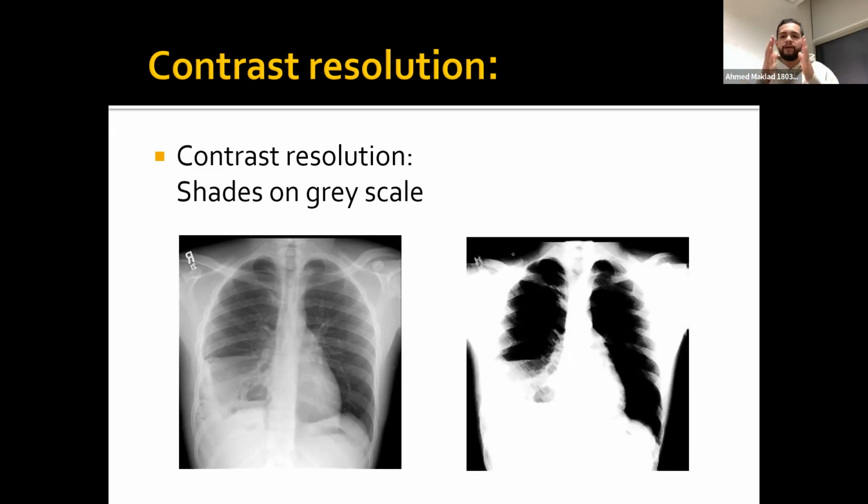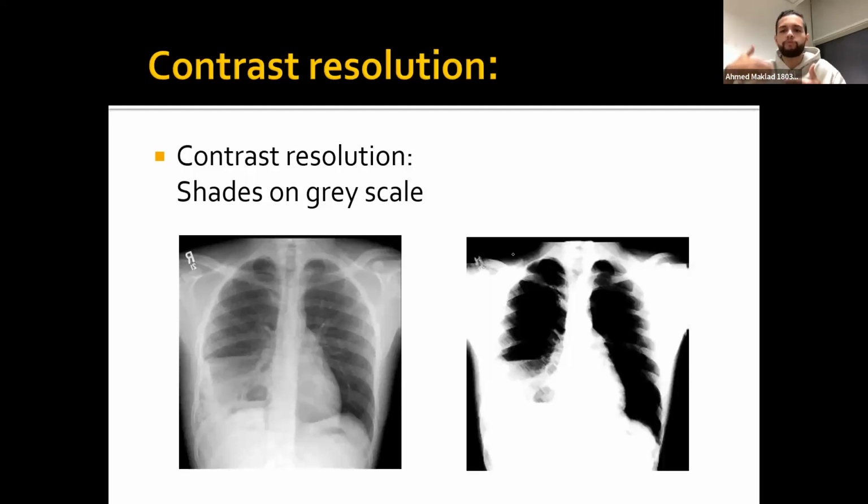So you want to have everything in between black and white, right? So you want the shades of gray to be there. And the more shades of gray you have, the more you can distinguish between different structures. So one bronchus can be thicker than the other bronchus. Bronchus A can be thick, bronchus B can be thinner than bronchus A. So they will appear differently and they will have different shades of gray.